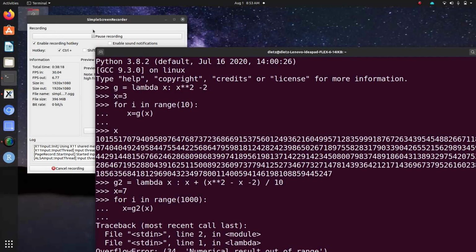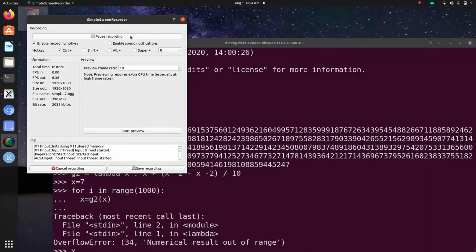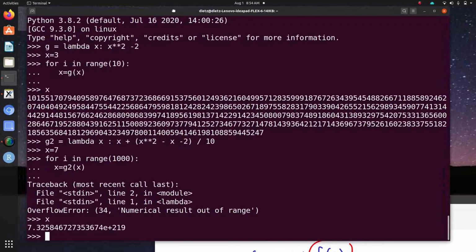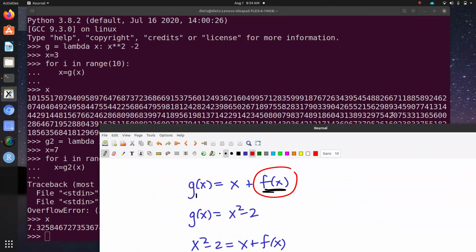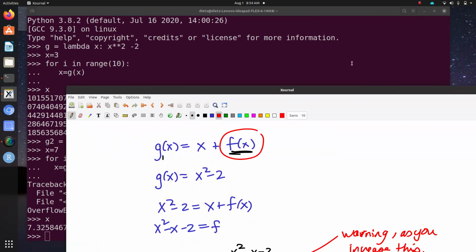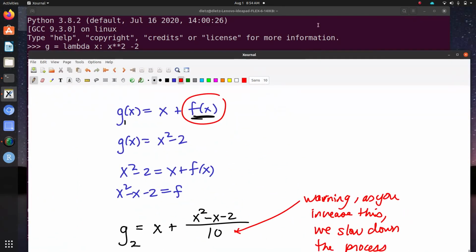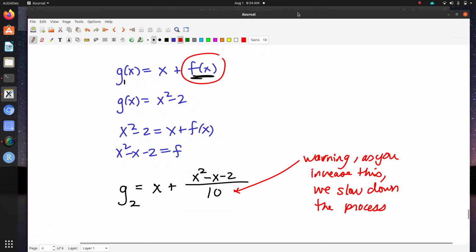So let's figure out why. Did you figure out why? If you did not, I encourage you to pause the video and figure out why, because I'm going to tell you now. So what happens if you take the derivative of g2?